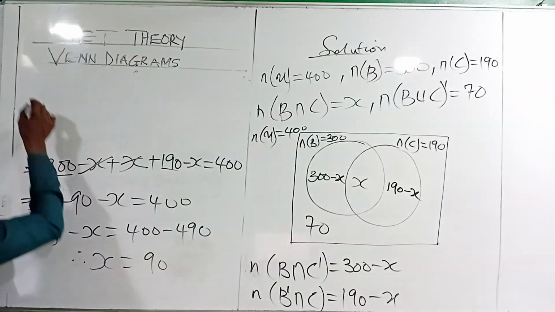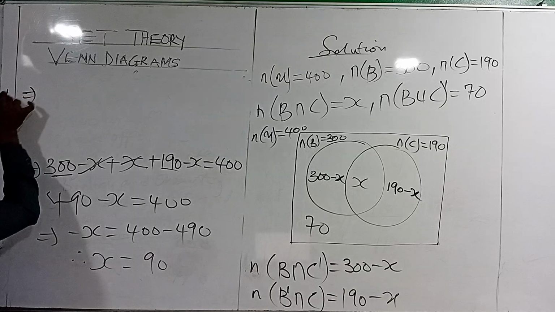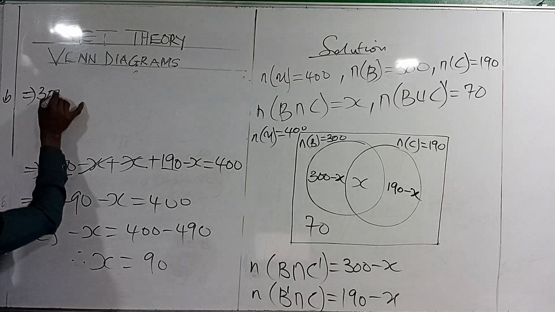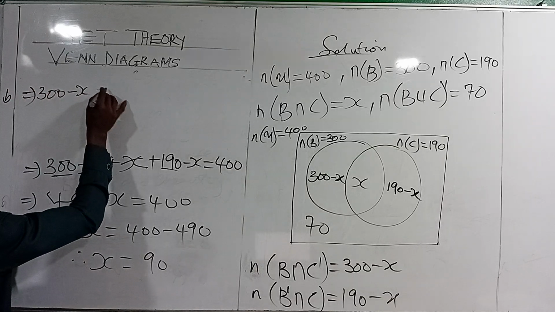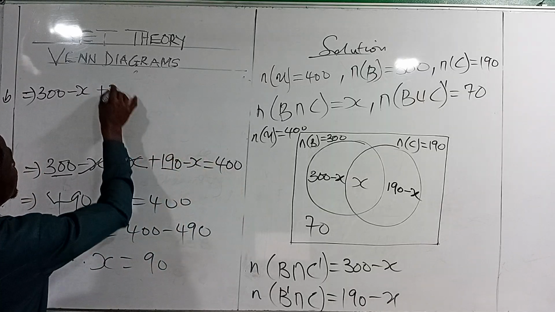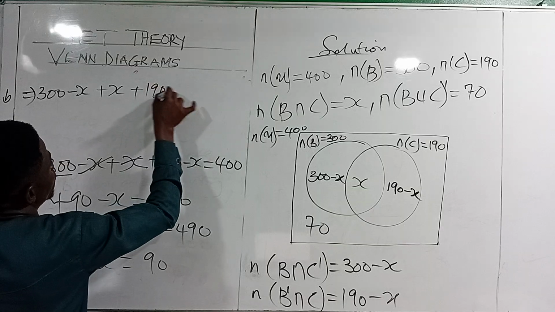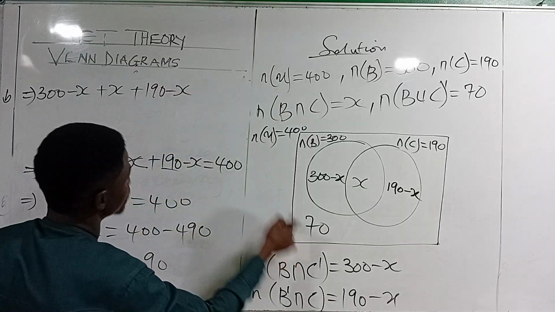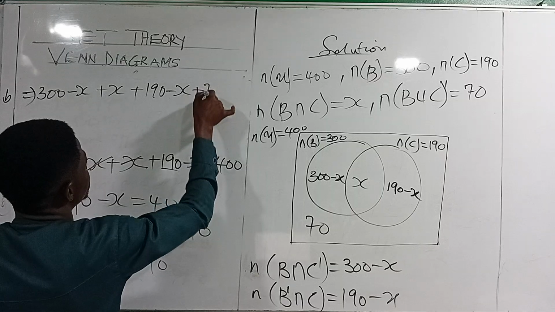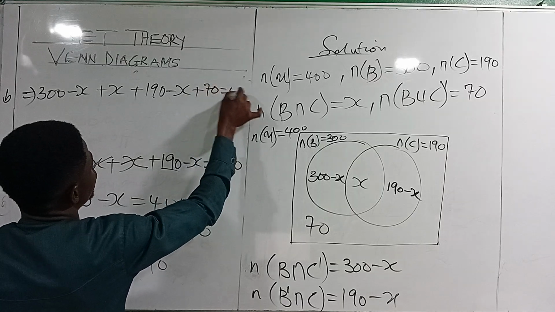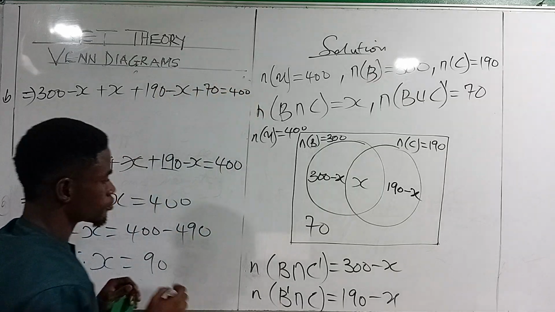So in this case, we are going to have 300 minus X plus X, plus 190 minus X, plus 70, equals 400.